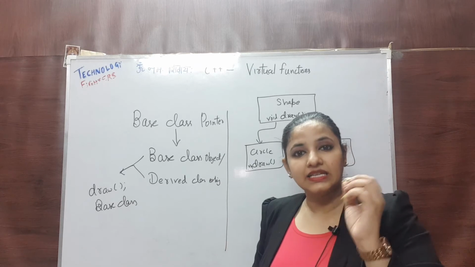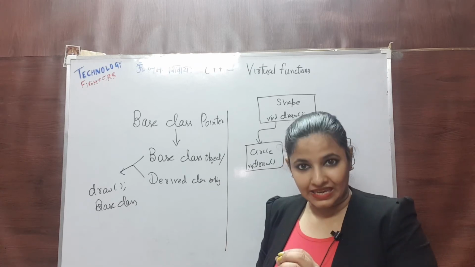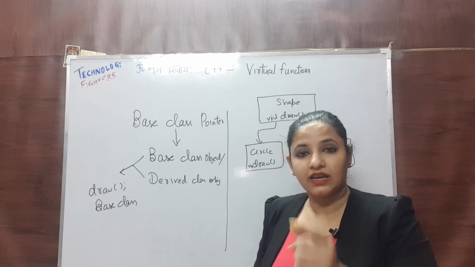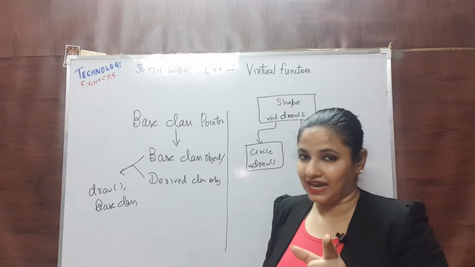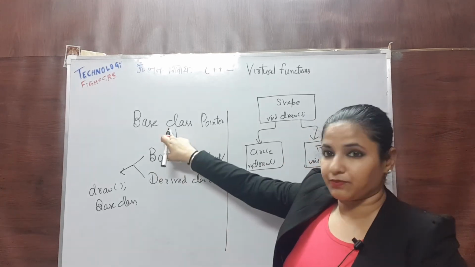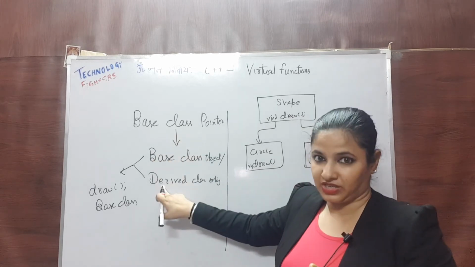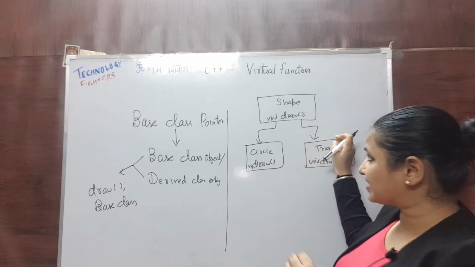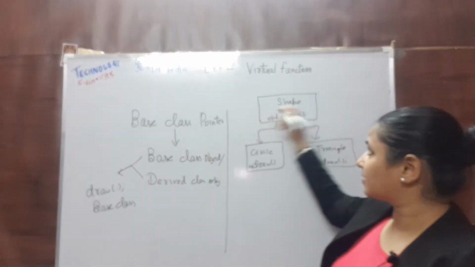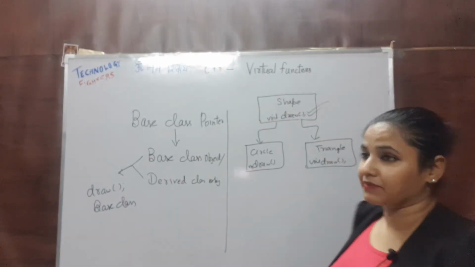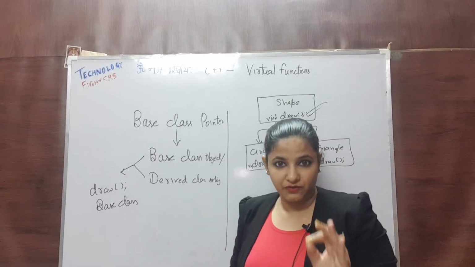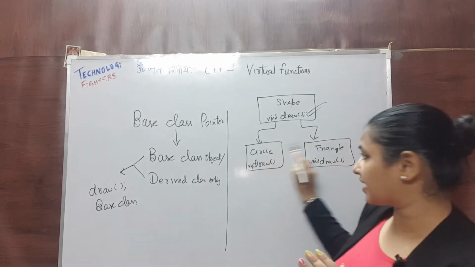That means C++ was taking the decision at runtime based on the type of pointer, not based on the type of object. From our example, it was executing the draw function of the base class, not the draw function of the derived class.